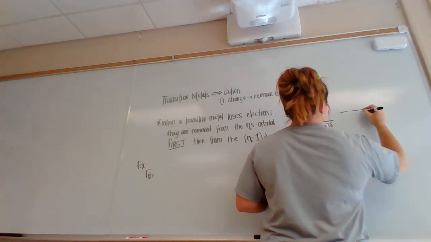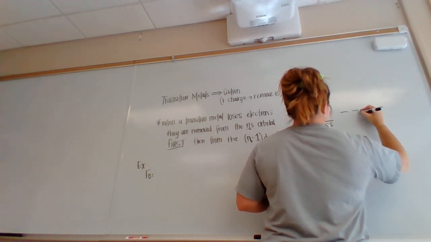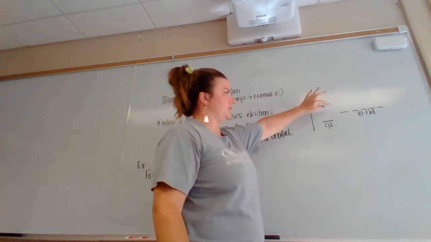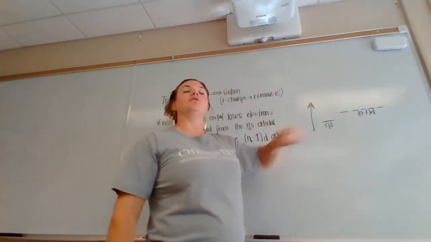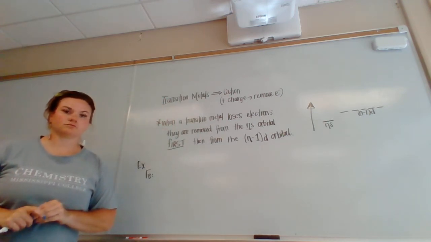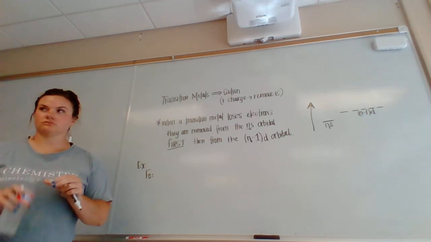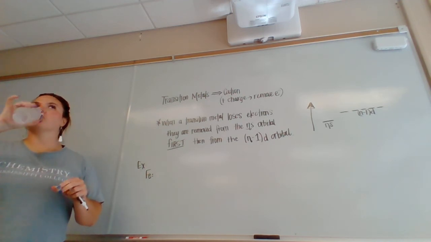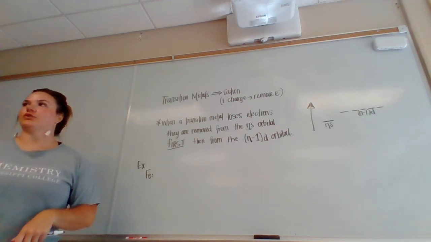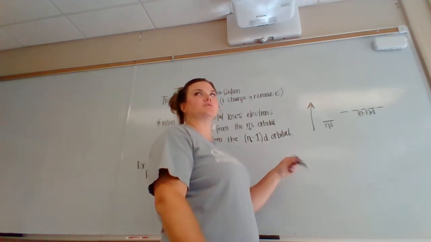Because the s electrons are lower in energy than your d orbital, you remove them first. So say I was in the 4s orbital, I'd be in the 3d block. There's always one less.